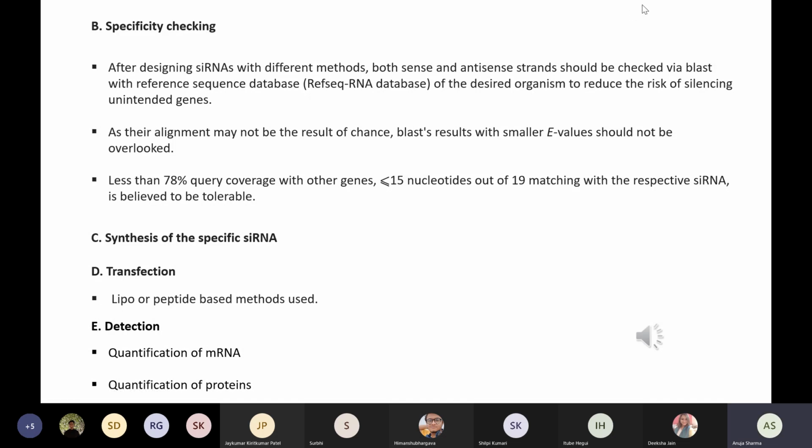After designing siRNA, both the sense and antisense strands should be checked via BLAST with the RefSeq RNA database to reduce the risk of silencing unintended genes.